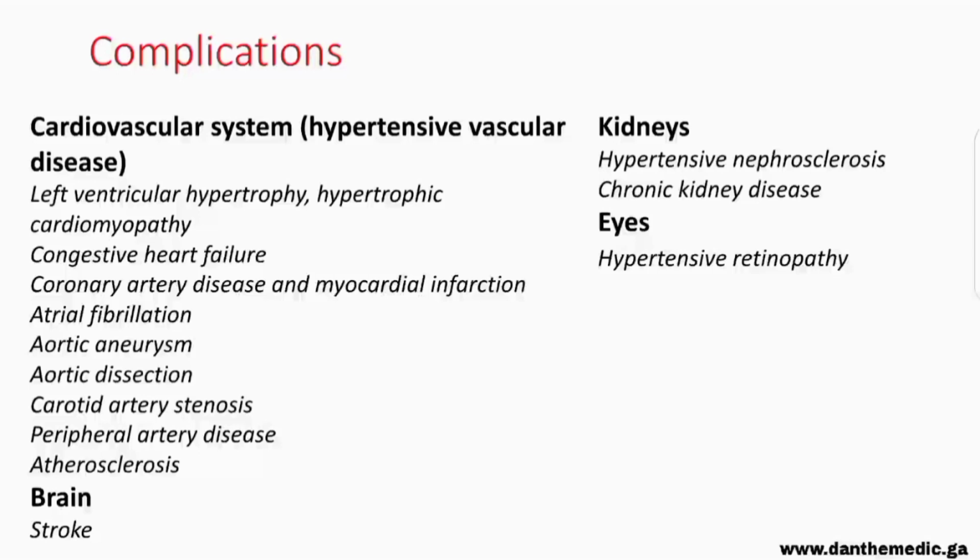And also, there can be complications in the brain, of course, stroke. In this case, it will be hemorrhagic stroke because the pressure can burst the artery open. In the kidneys, we have hypertensive nephrosclerosis, which is as a result of chronic hypertension, and then chronic kidney disease too. And as for the eyes, hypertensive retinopathy.